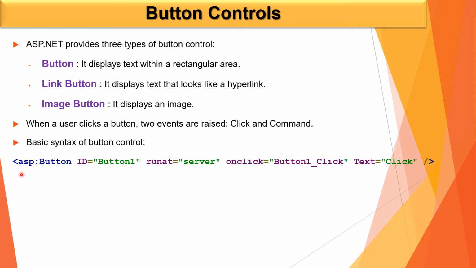See here, the button control has the syntax asp:button ID equal to Button1, runat equal to server, OnClick equal to Button1_Click, where click is the event, and Text equal to Click. This text will be displayed on the button, so we can call it a caption.